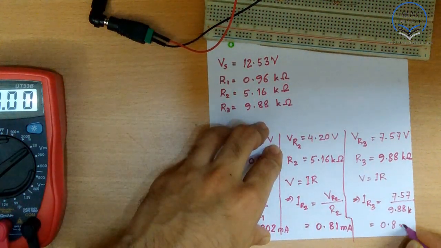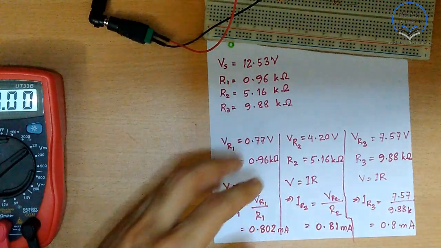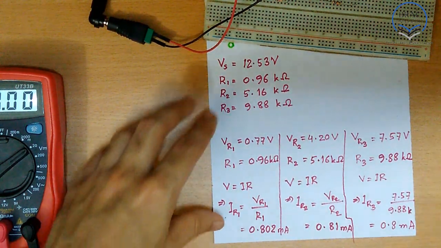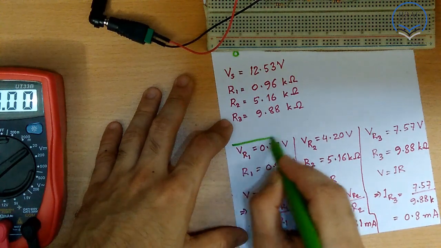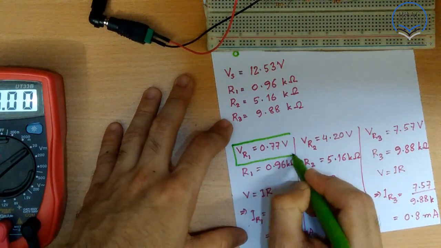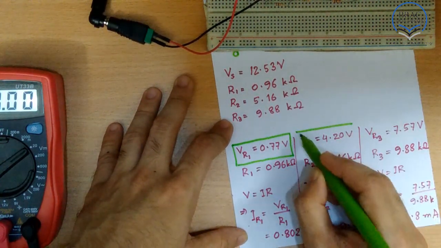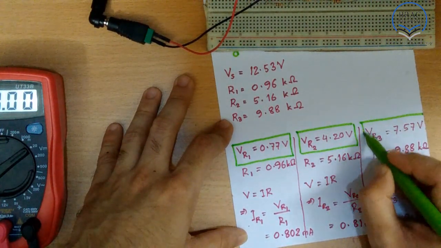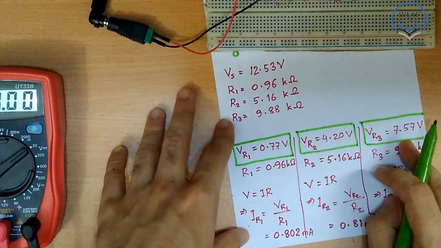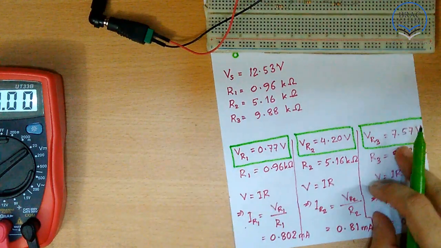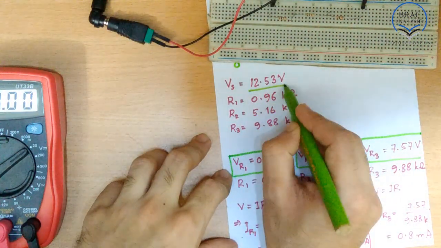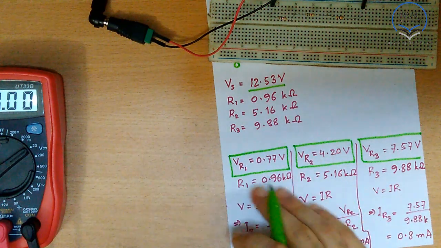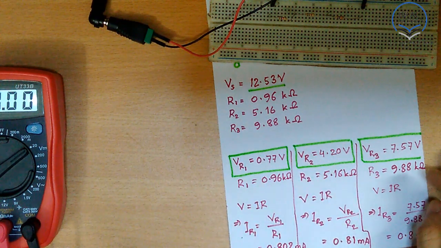0.8 milliamp. So here is the thing, we can see that the voltage across the resistors are different. So we can say the voltage is divided across the resistors. If we add these three values of the voltages, we get the total voltage of the Vs. The total voltage Vs gets divided into the resistors.